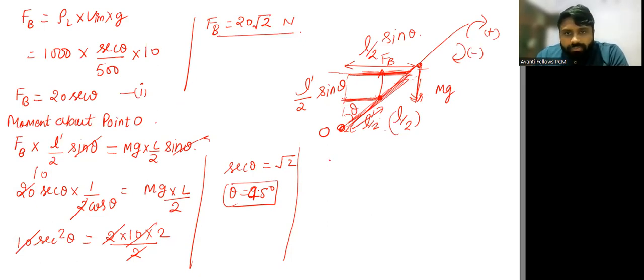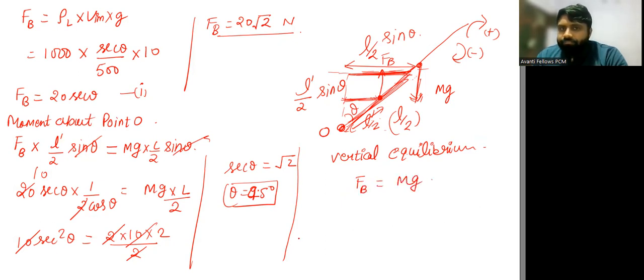For this rod to be in vertical equilibrium, there are two possibilities: either this rod can rotate or fall. So this is for the vertical equilibrium. The forces are balanced. We have to equate these forces. FB is equal to mg.